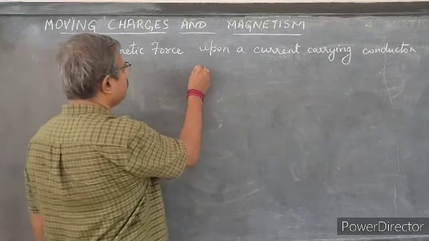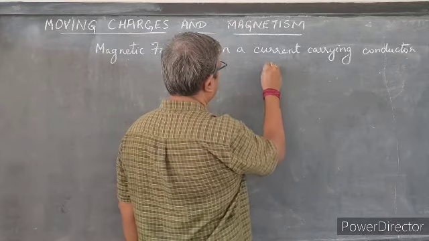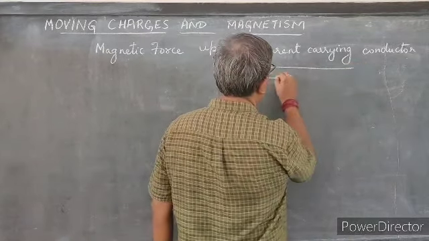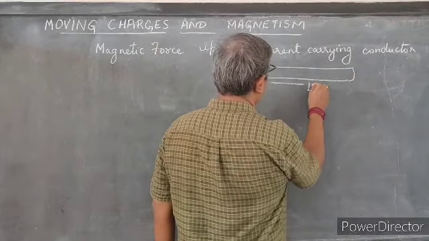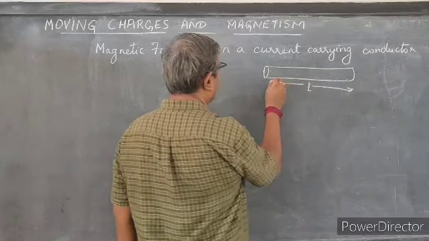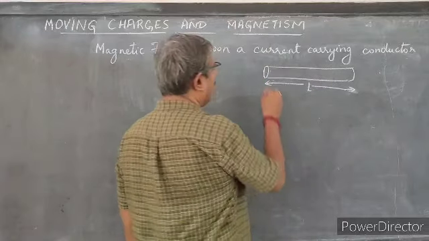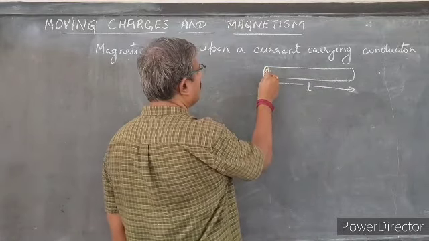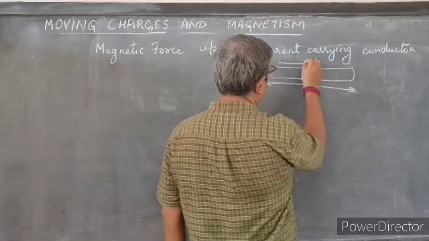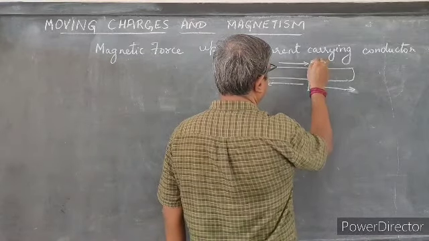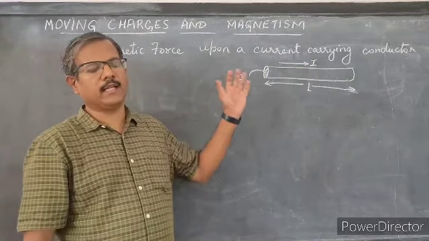So let's assume a conductor of some arbitrary length L and a uniform cross-sectional area A. And let's assume that there's a current I that's flowing through this particular conductor.